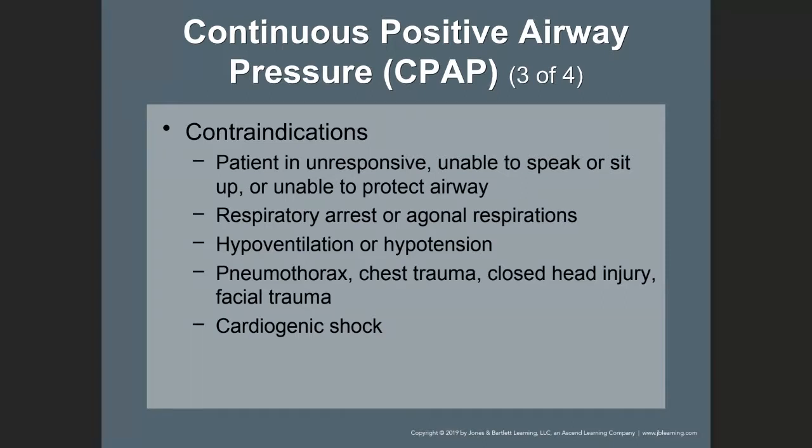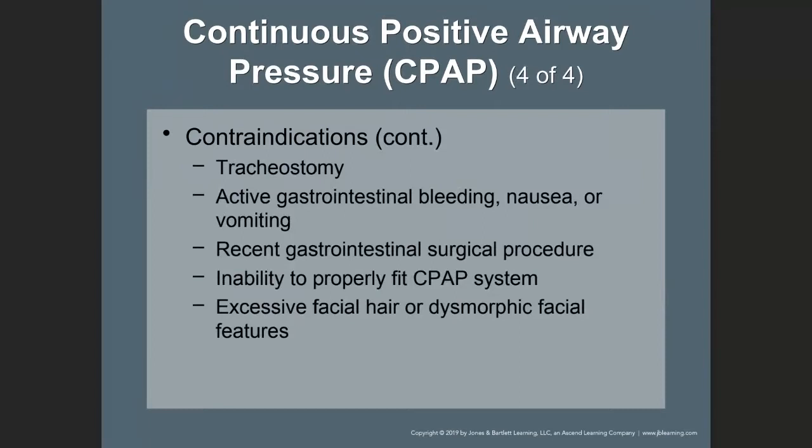Contraindications for CPAP also exist if there is a tracheostomy, active gastrointestinal bleeding, nausea or vomiting, recent gastrointestinal surgical procedure, inability to properly fit the CPAP system, excessive facial hair, or dysmorphic facial features. CPAP is contraindicated.